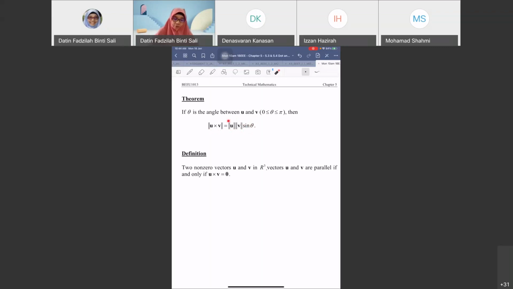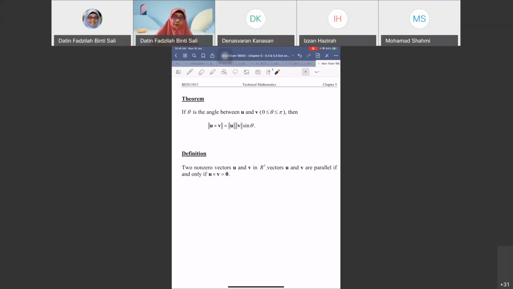Cross product is a vector, so when it is a vector, it also has a magnitude. So the magnitude of u cross v equals magnitude of u times magnitude of v times sine theta.